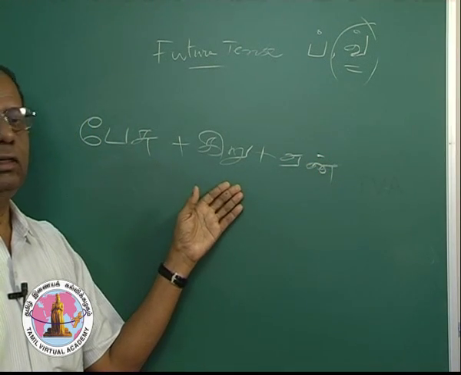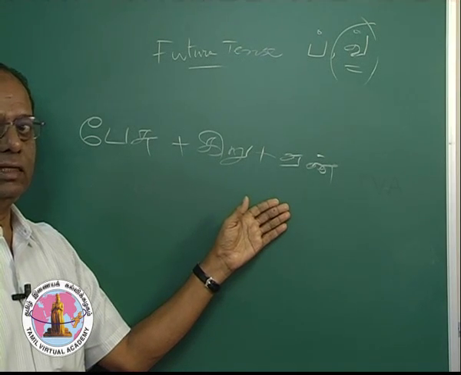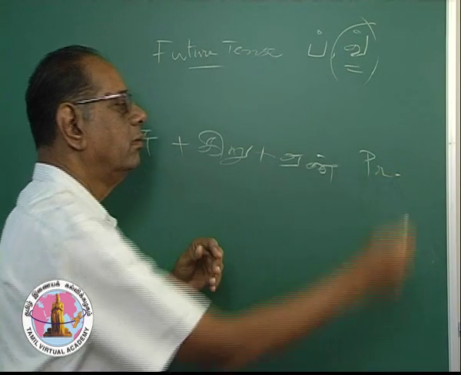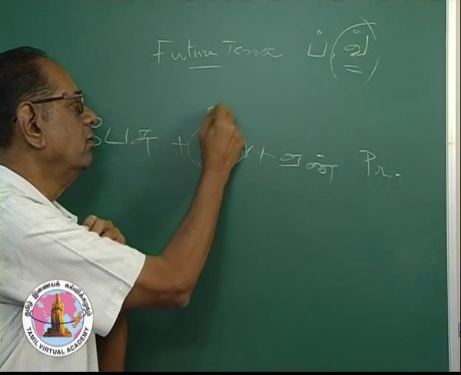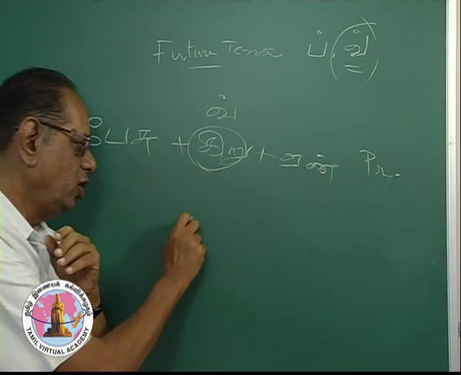Peshu plus kiru plus en, peshugiren, present tense. Remember, you replace it with the future tense marker. Peshuven.